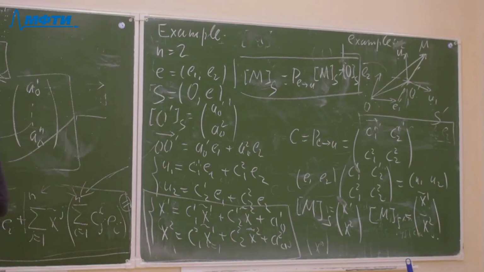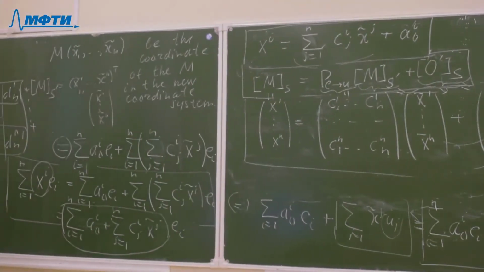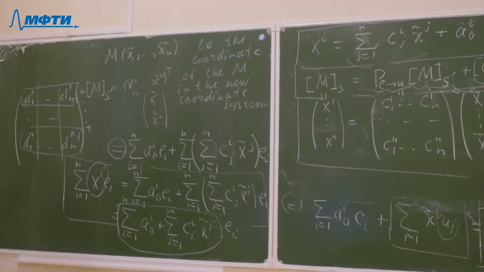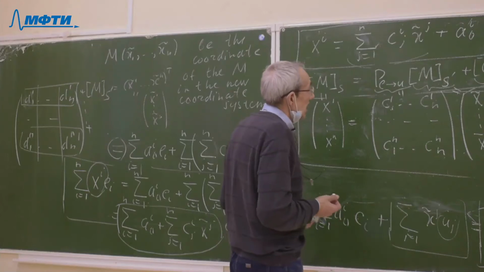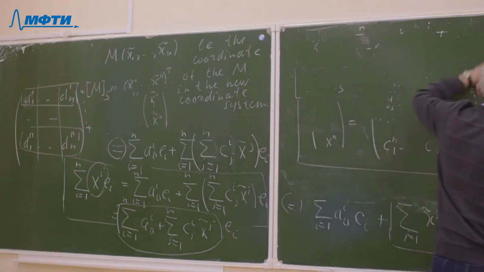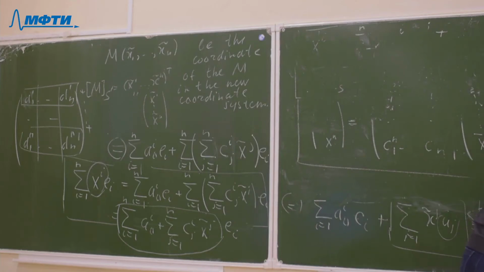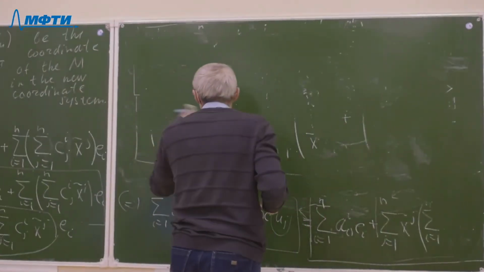We can consider some simple example of this relation. Maybe let's consider some simple example of the transition matrix. Example 1, example 2.